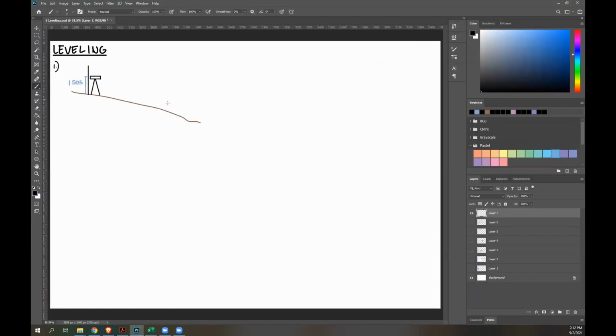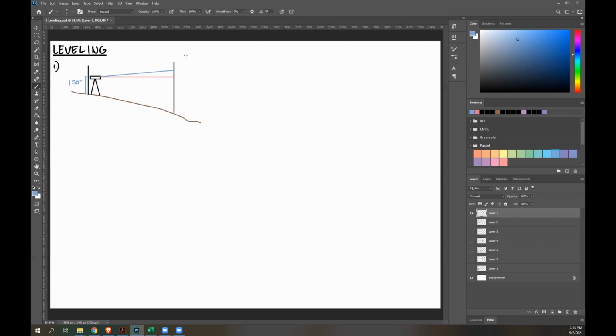And then the reading at B will be this. So this is the true reading, okay? But again, there's an error in calibration. What they read is either upward or downward.